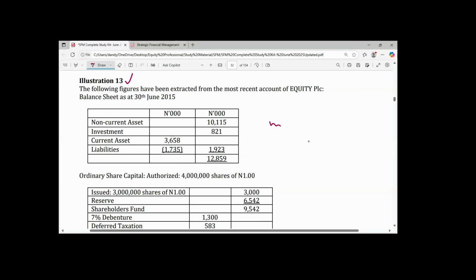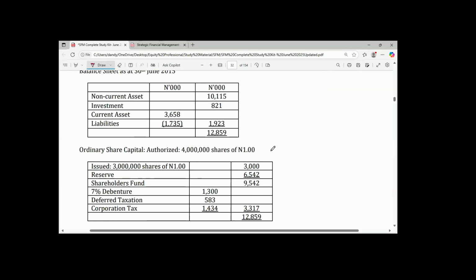The following figures have been extracted from the most recent account of Equity PLC balance sheet as at 30th June 2016. We have non-current assets of 10,000. Then ordinary share capital authorized, 4 million shares at 1 naira each.